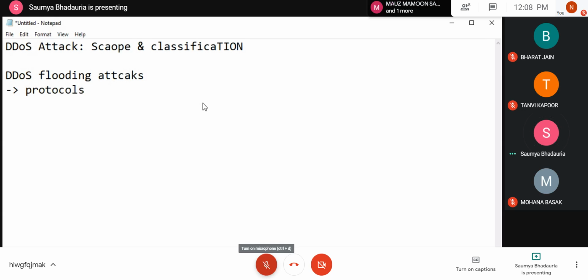When we are talking about protocol level DDoS flooding attacks, you can have two categories.